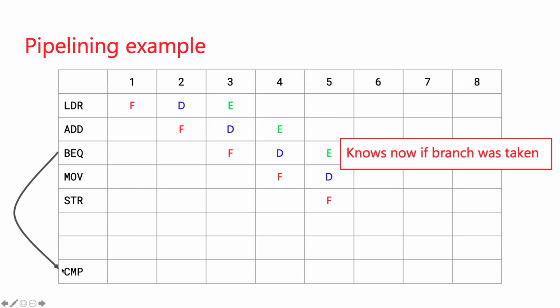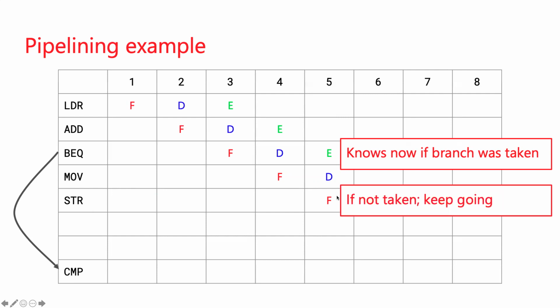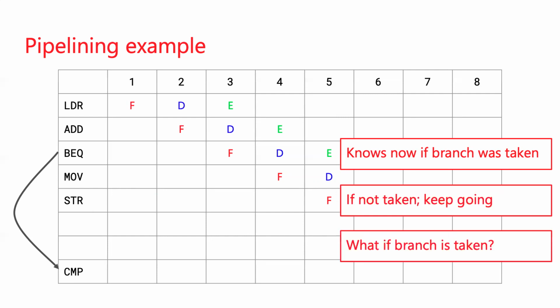And if the compare gets done rather than this move, that means we just wasted a little bit of work decoding the move instruction and fetching the store instruction that we never ended up executing anyway. In that case, we would have to reload the pipeline, and it would slow down execution a little bit. If we're lucky and the branch doesn't get taken, then we've got the stuff we need in the pipeline.